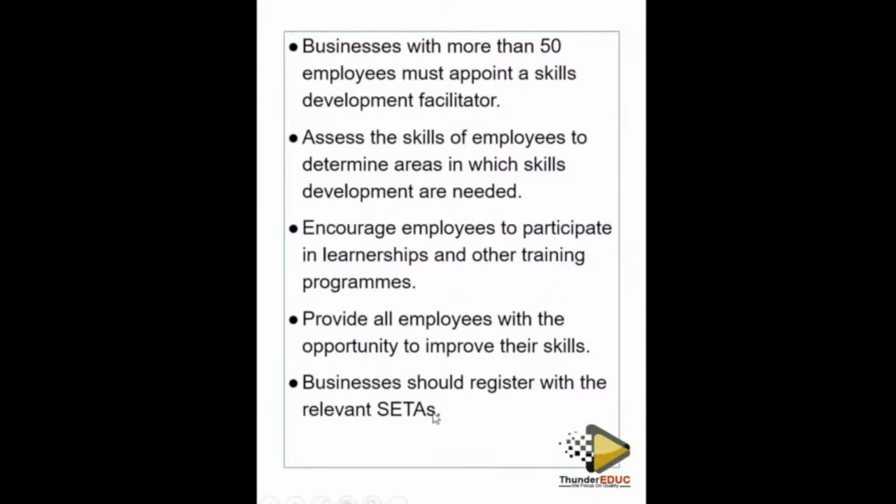You give out money, and at the end of the day, you end up crying after the loss. So we are saying that in order for a business to be considered a complying business in this Act, it should be registered with an accredited SETA.